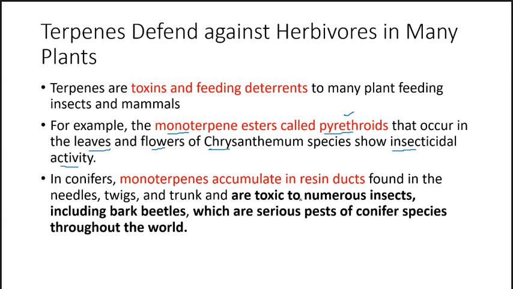Some monoterpenes accumulate in the resin ducts. Where are these resin ducts found? They are found in needles, twigs and trunk. These monoterpenes are toxic to numerous insects, such as bark beetles. Bark beetles are the most common pest of conifers all around the world. So conifer plants produce monoterpenes to combat the bark beetles.